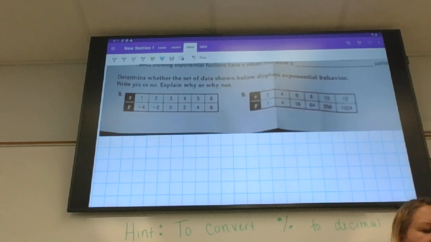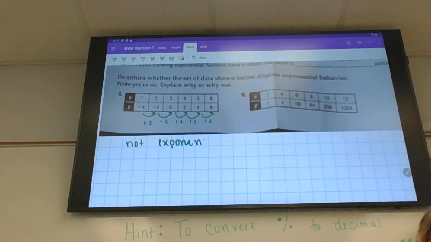What should we do to decide if it's exponential? What should we look at? How we're changing every time, right? So what's happening here? Wow, this looks familiar. That one is not exponential. It's 9. 9 is exponential. Okay, so this is not exponential because it's adding by 2.